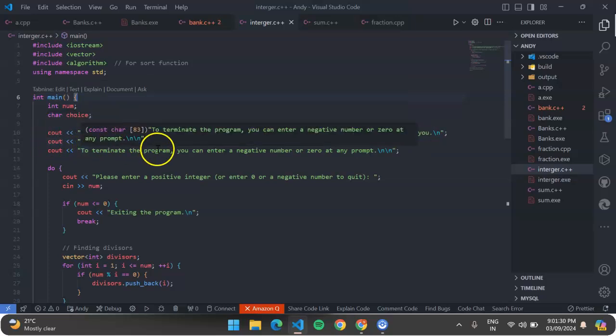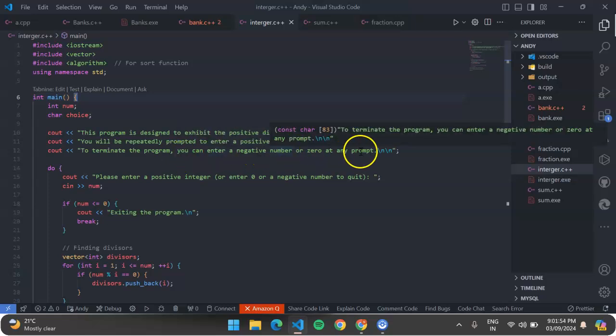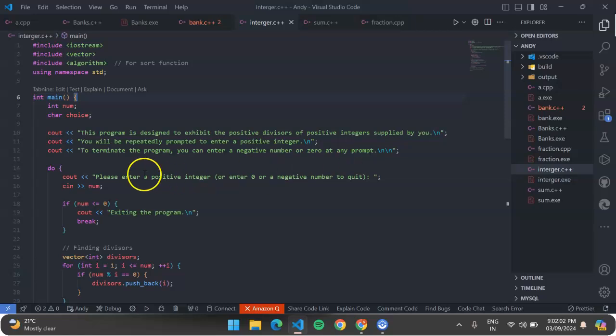The second requirement is allowing the user to repeatedly enter positive integers, not negative ones. To terminate the program, you can enter a negative number or 0. When you enter this, it should terminate. Otherwise, please always enter a positive integer.